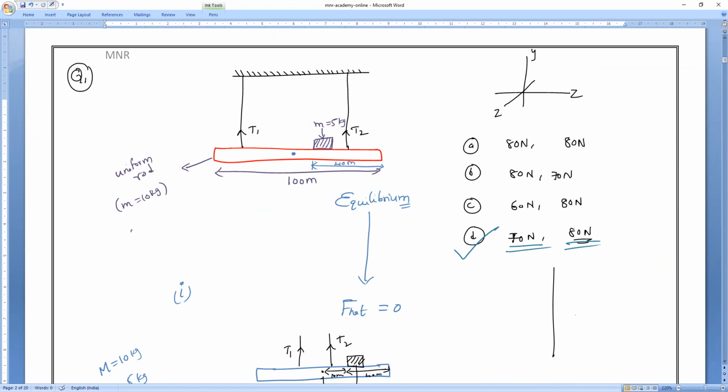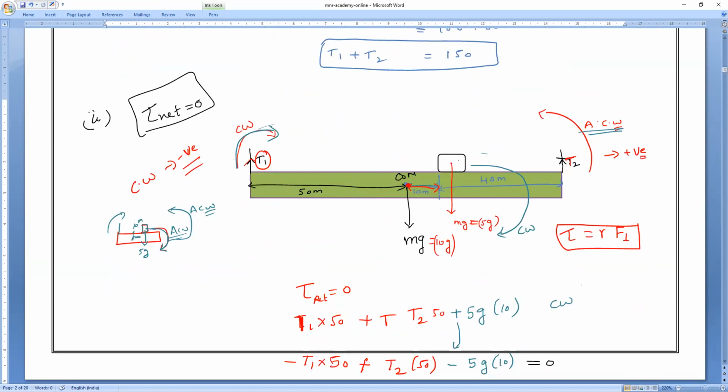Now, those who did not understand the question, check it. How much force is T1 exerting? 70 newtons. And how much is this one exerting? Both of these are clockwise, so this one exerts 10 newtons. So 70 plus 10 is 80.